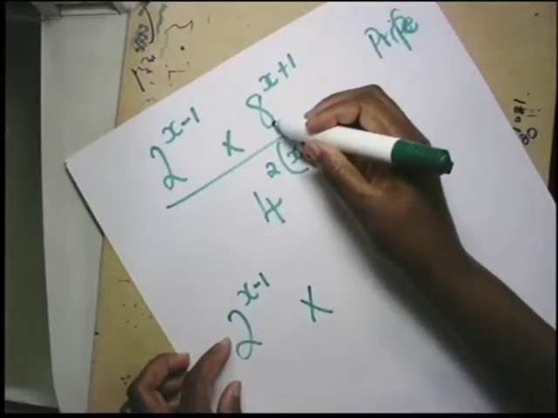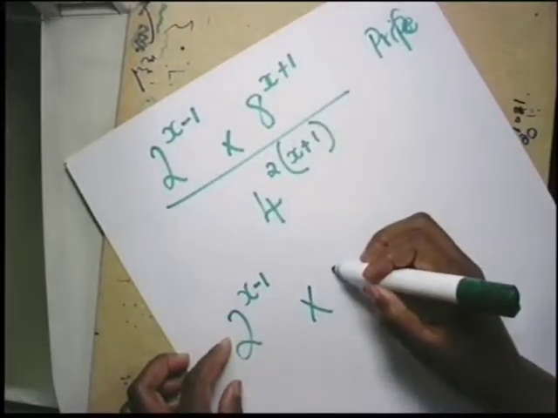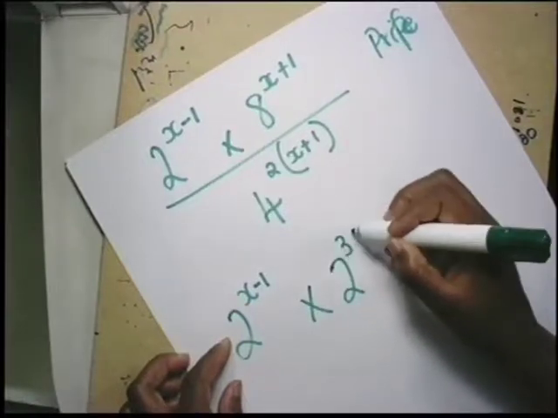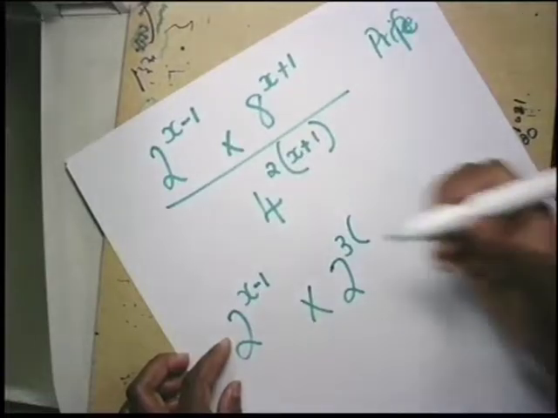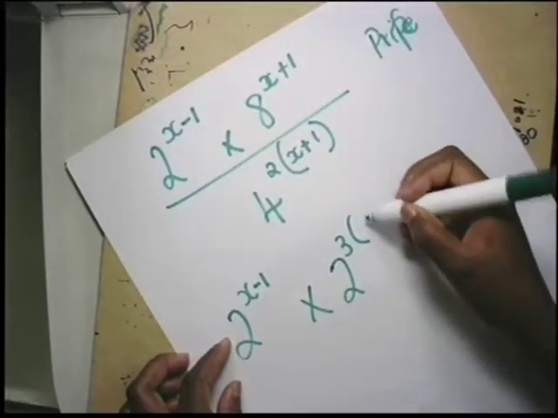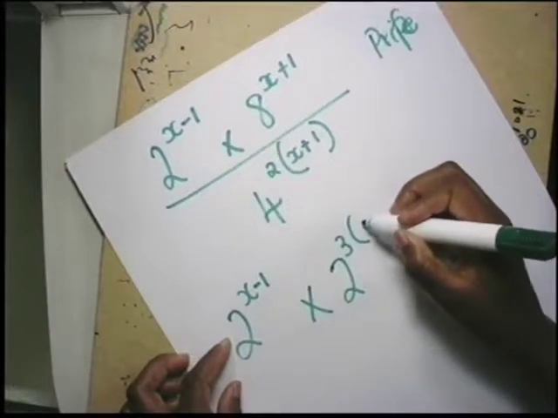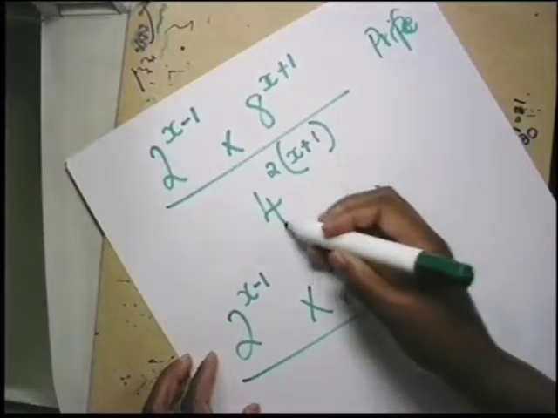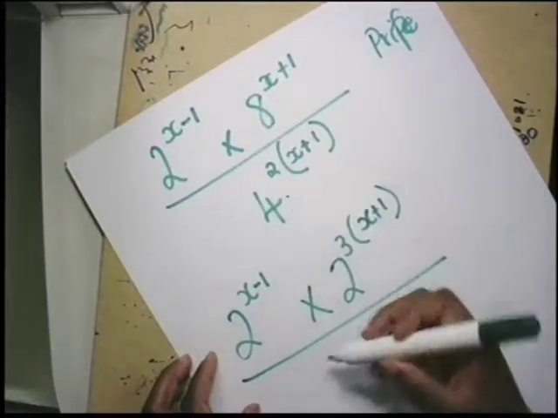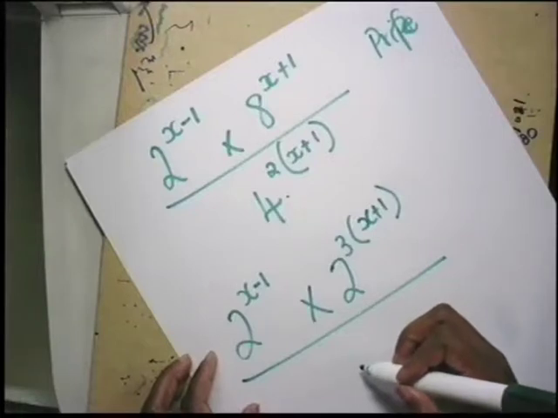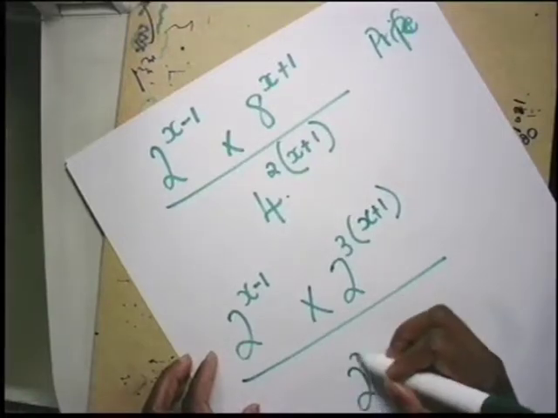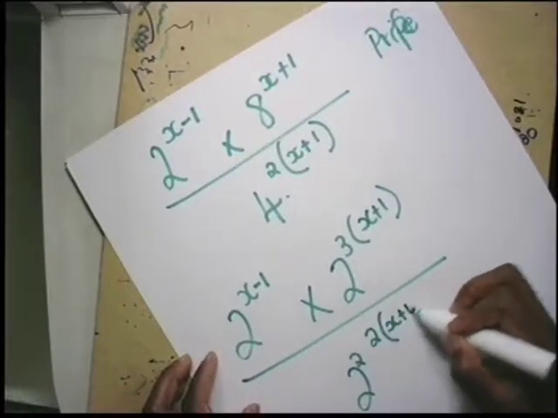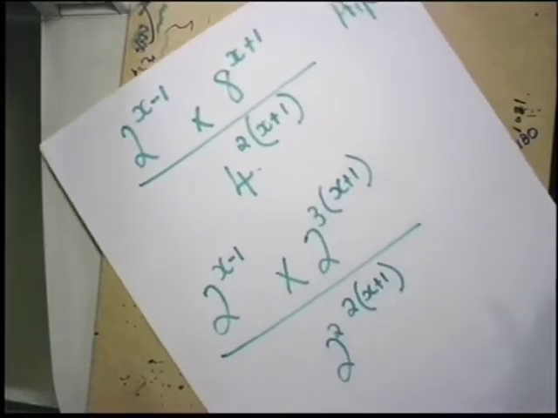Times 8 as a power of 2: 2 power 3, because 2 times 2 times 2 will give us 8. So we write it as 2 power 3, and in brackets here we have x plus 1. And over there we have 4. We can write 4 as a power of 2, which is 2 power 2, and then we have again 2, and then x plus 1. This is what we have now.